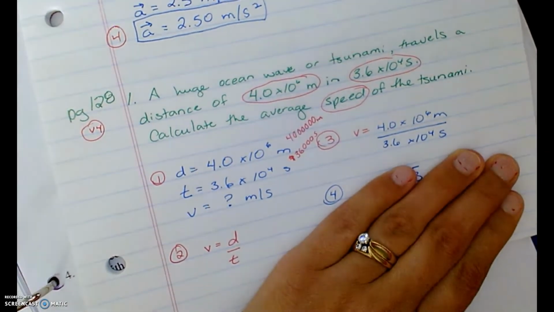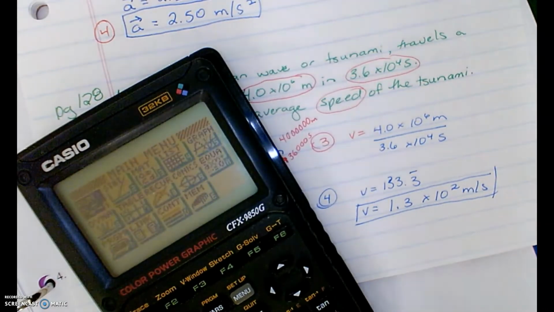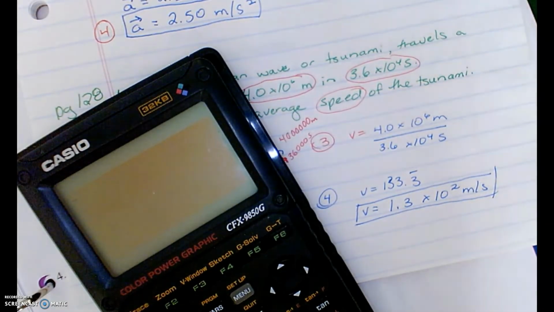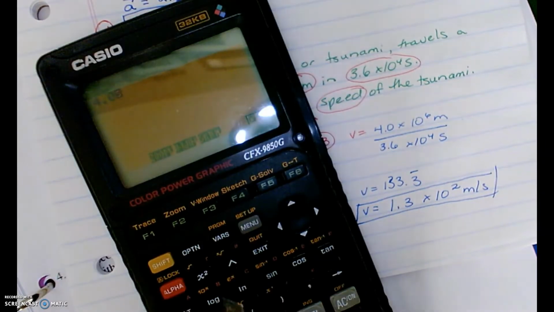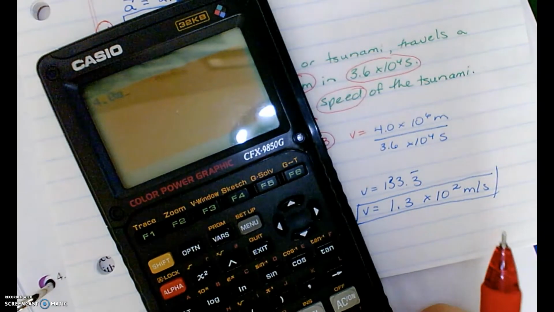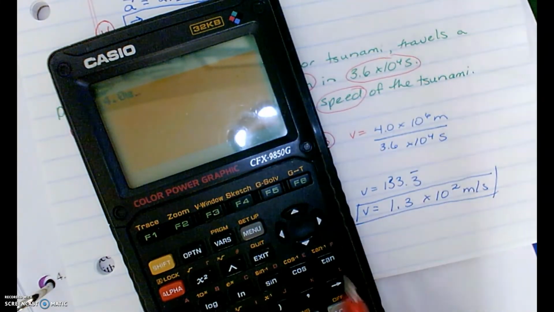Now, punching it in your calculator, you're going to do it like this. 4.0, and mine is shift 10x, a little button that you can't see. Shift 10x, and you get that little 10. And what was the exponent? 6.